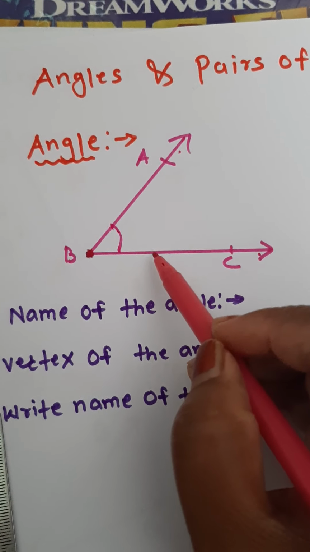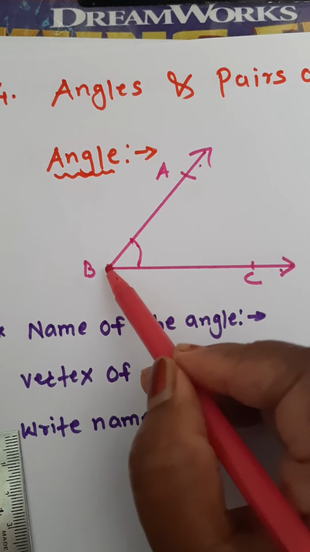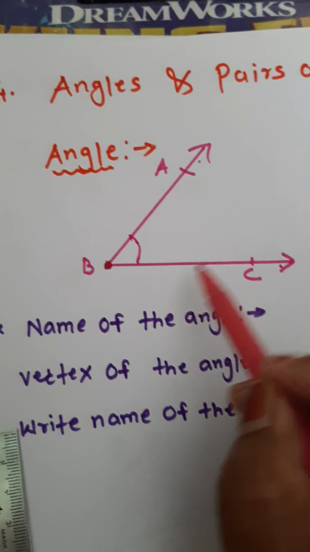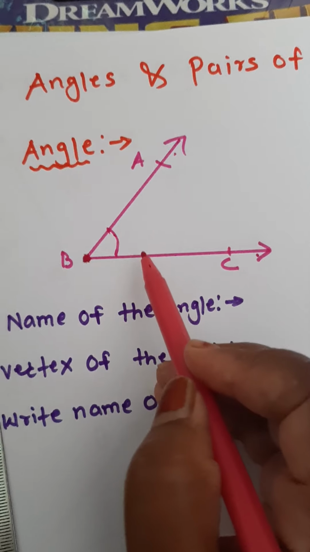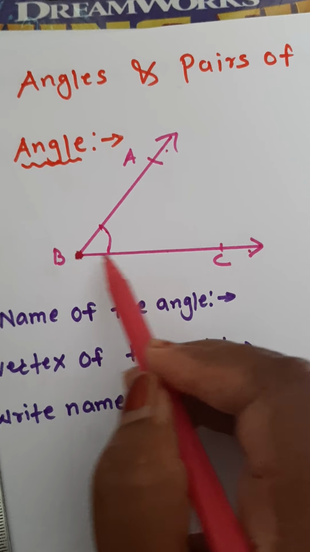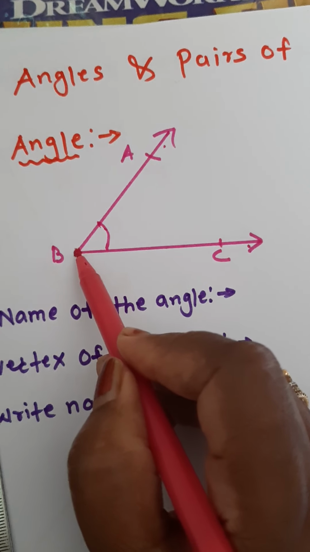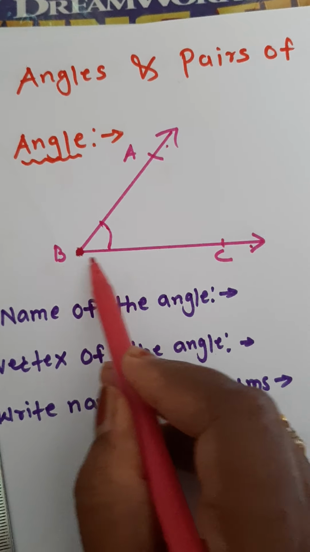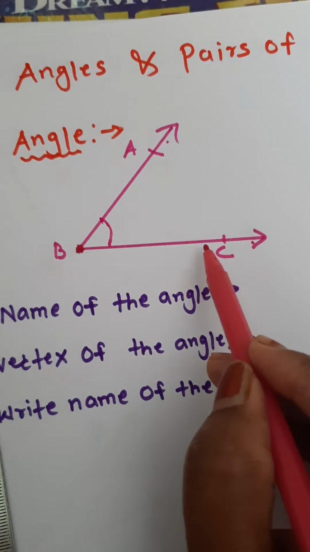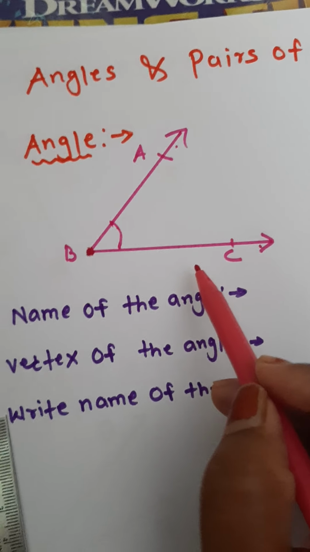So how to read this angle? Angle ABC. B is the vertex of the angle because these two different rays meet each other at this point. Then BA and BC, these two rays are arms of the angle.